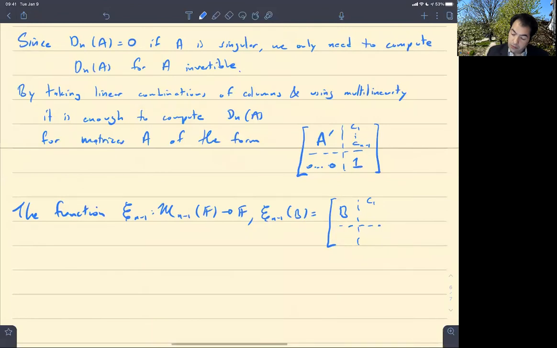I'll keep these constants, right? Fixed constants, I don't care what they are, but let's say they're there. Take d_n of that matrix, right? So now it's a function, now you get back a number.